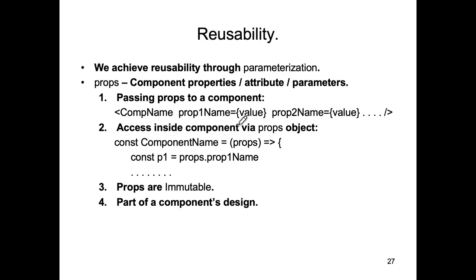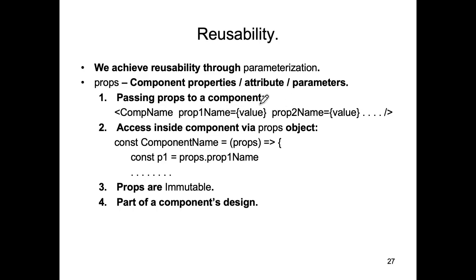And so two questions arise. One is, A, how do we syntactically express that? And secondly, how does the component access those parameters or properties that we're passing into it? So in terms of the first question, this is the syntax that you use for passing parameters or properties into a component. We actually saw it a few slides back, and I said to you that I would give you a formal explanation of that syntax.